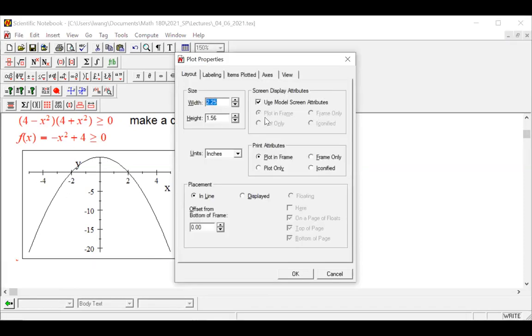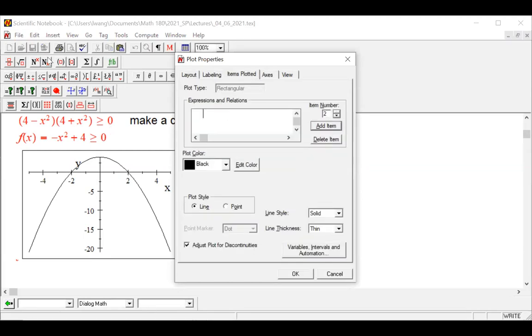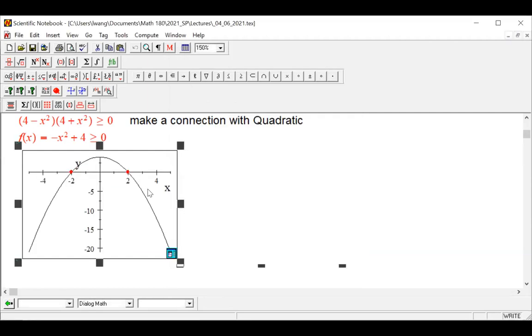By this time we've been doing so much with this example, right? So the 2 dots are found. And which part is positive? This part is positive, that part negative. We want a positive or 0. So the solution is between -2 and +2. Do you guys follow me?